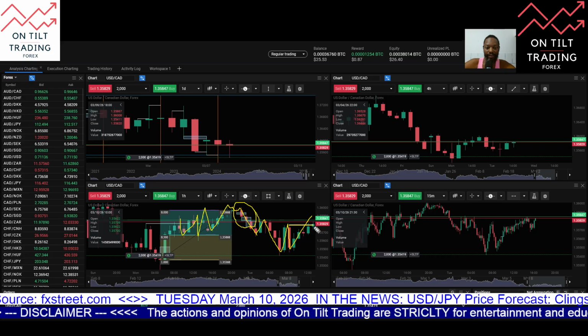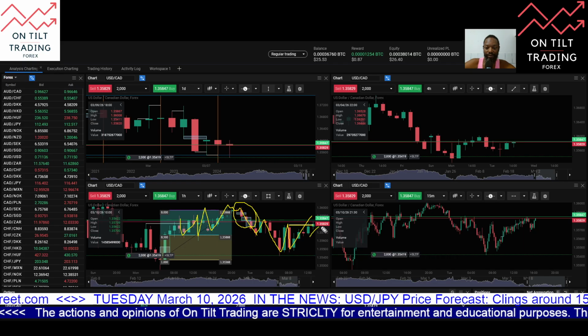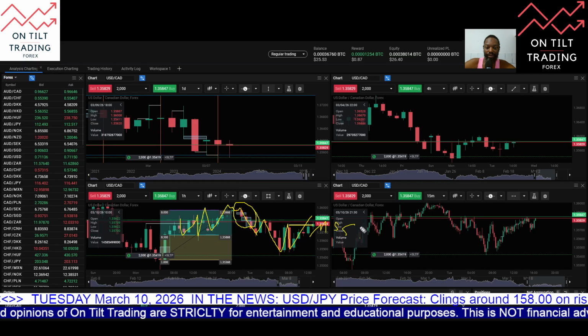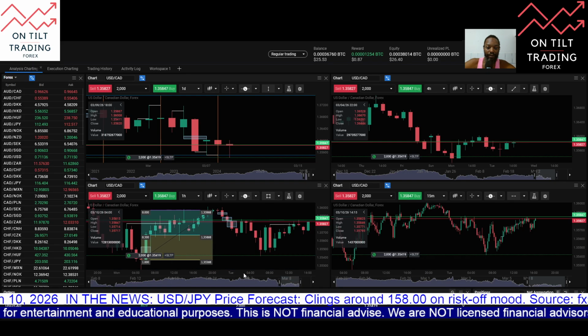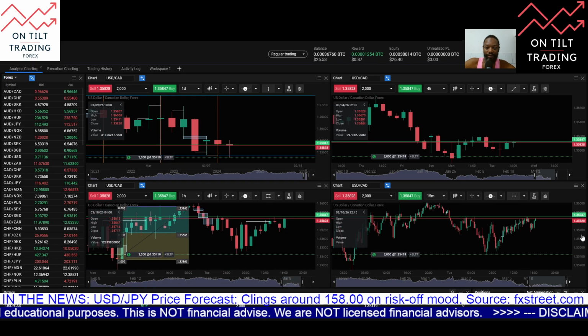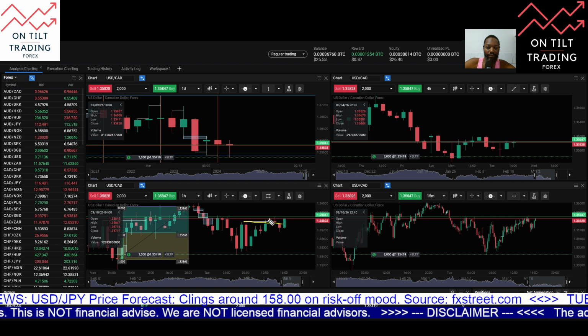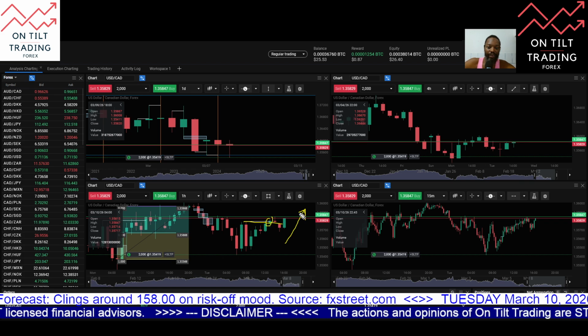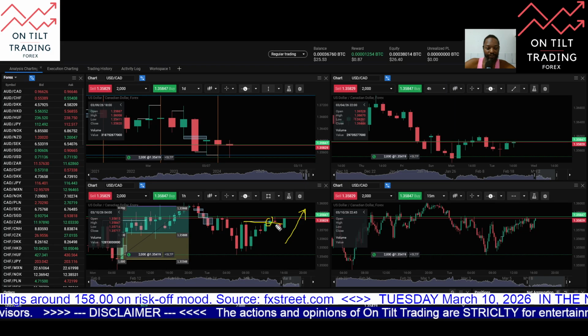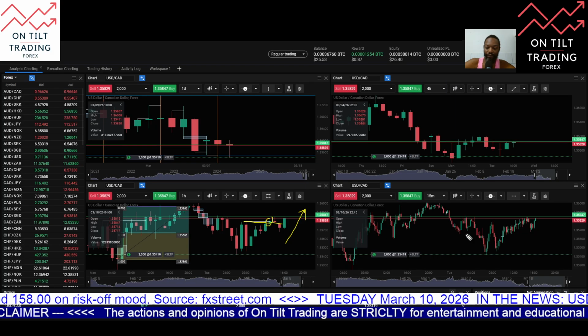So you can see market conditions starting to shift here. So you get a market structure shift here to the buy side. And with that market structure shift to the buy side, you also get a body candle close right here. So trending conditions have reestablished themselves here on the 1 hour chart.